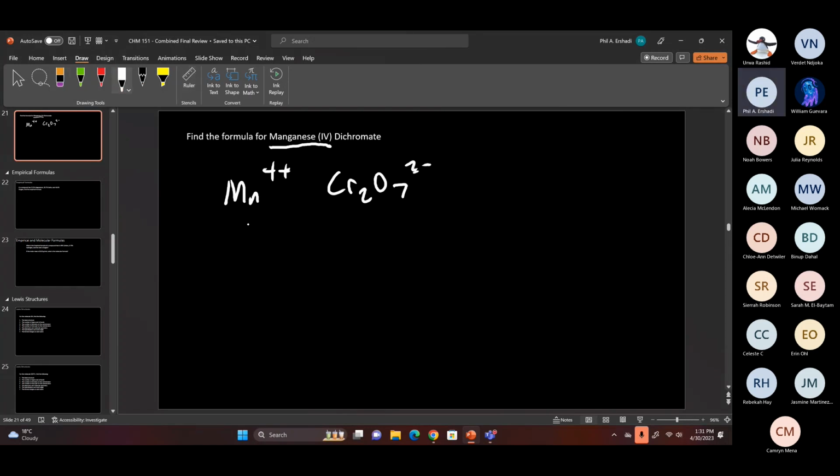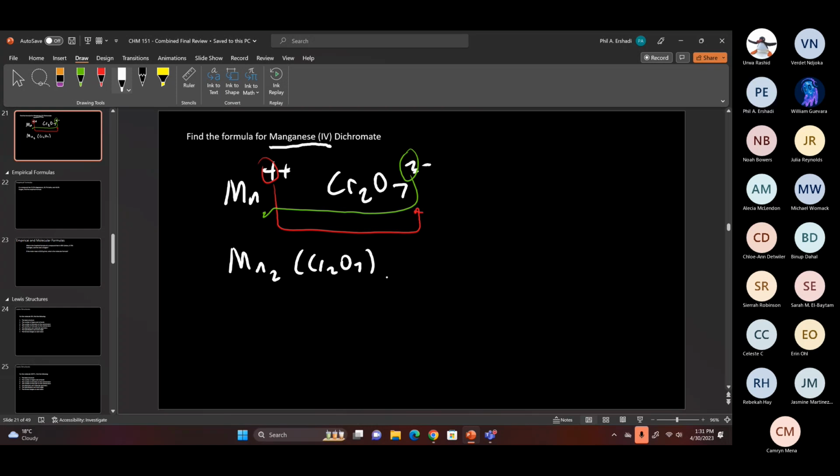All right, so now we can do the crisscross thinger. Take the 4 from up there, pop it under. Take the 2 from up there, pop it under. We'll have Mn2(Cr2O7)4. Now, let's see if the chat recognizes what's wrong with this picture.